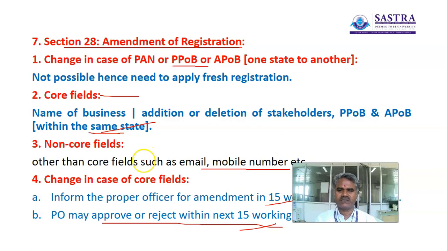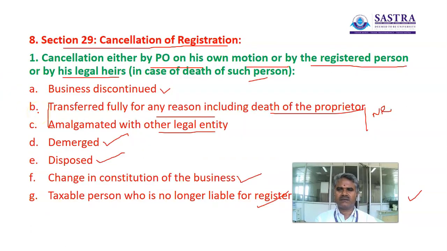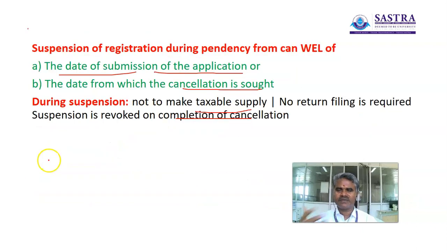Amendment is nothing but changes, anything we discussed, and cancellation of registration we discussed. Okay. What are the steps we have to follow for cancellation, where we have to cancel, and what you have not to do at the time of suspension.